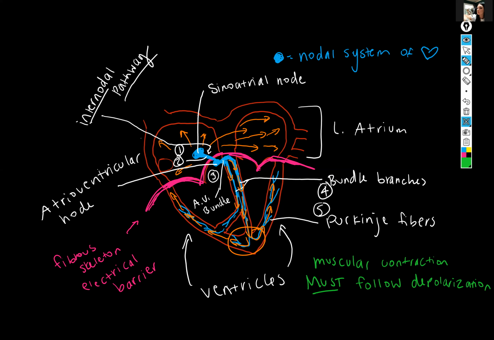And so if the wave of contraction follows the wave of depolarization, that means that if the signal turns around at the apex and goes from the bottom up, the ventricles are going to contract from the bottom up. And that's the most efficient way to eject blood. It's like squeezing toothpaste out of a tube. If you are using a toothpaste tube properly, you're going to go from the bottom up to efficiently eject the toothpaste out of the tube.